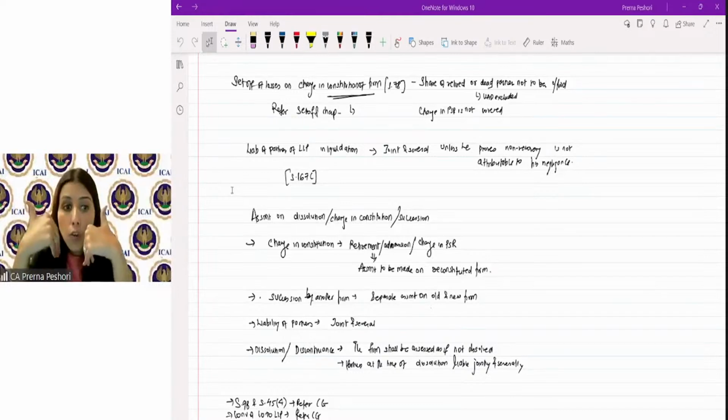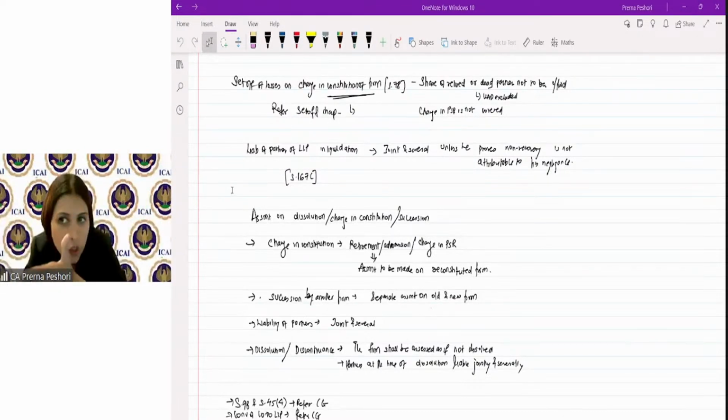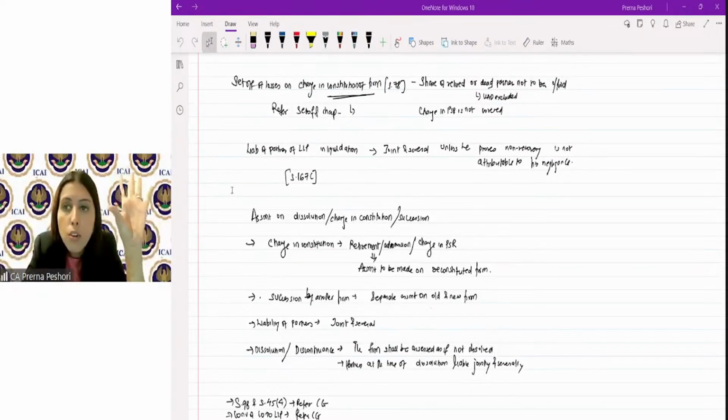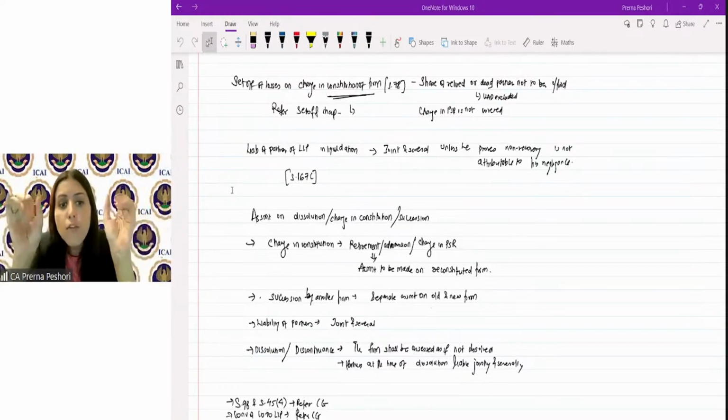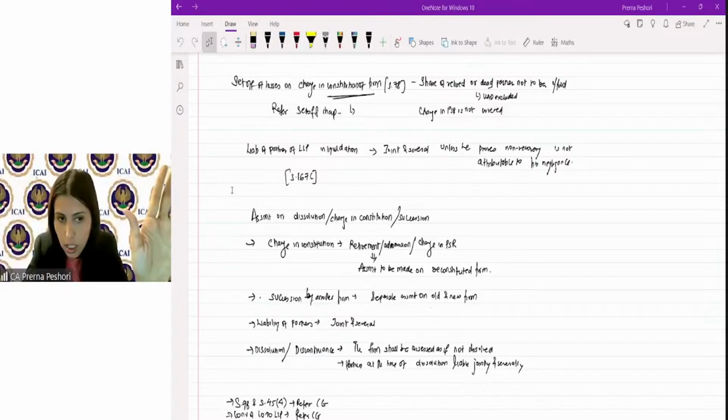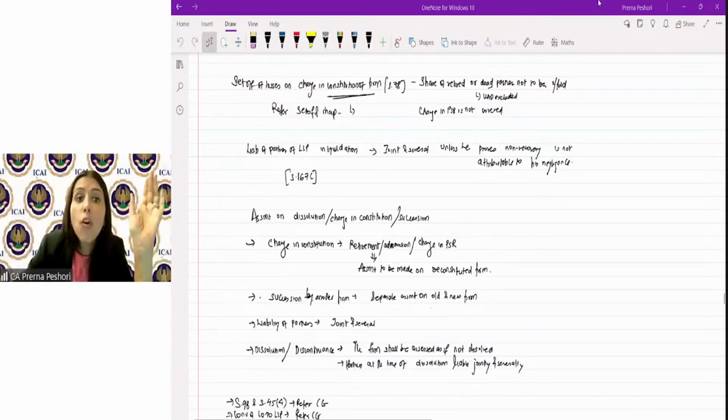If there is change in the constitution, change means retirement, admission or change in the profit sharing ratio, then assessment to be made on the reconstituted firm. If there is succession by another firm, then there is a separate assessment on the old and the new firm. In the case of the dissolution, the firm shall be assessed as if not dissolved. So this was in the case of the partnership.